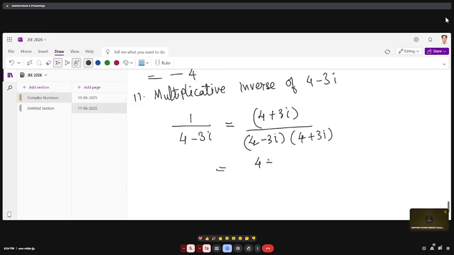So numerator becomes 4 plus 3i and denominator is 4 square minus 9i square. So that means 4 square plus 3 square, which is 16 plus 9, 25.